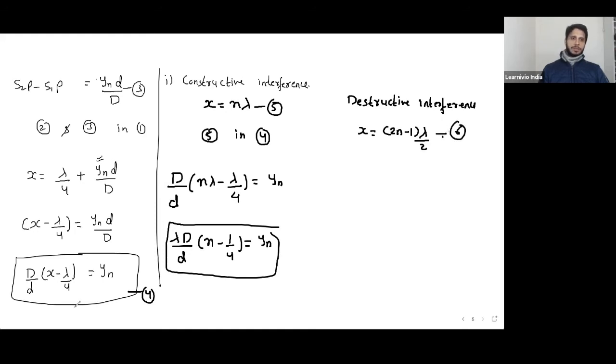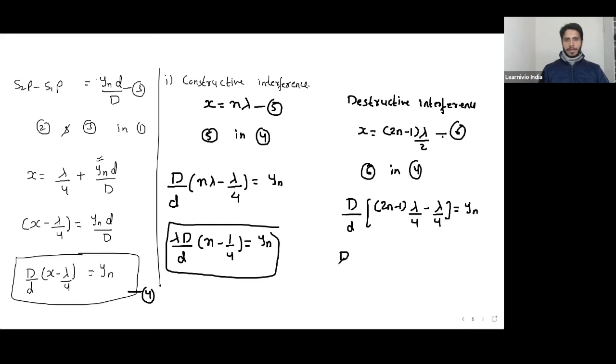We have derived this in the first part of interference, the condition of maxima and minima. So if I substitute 6 in 4, then the result is D by d, instead of this, I'm writing 2n minus 1 lambda by 4 minus lambda by 4 is equal to yn.